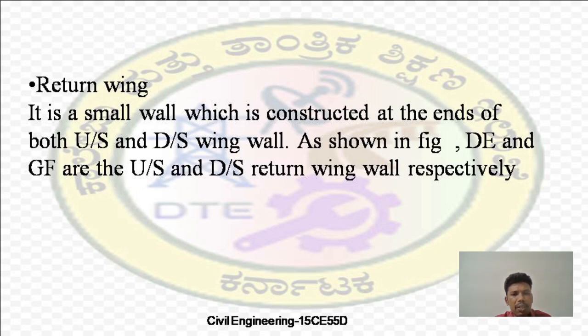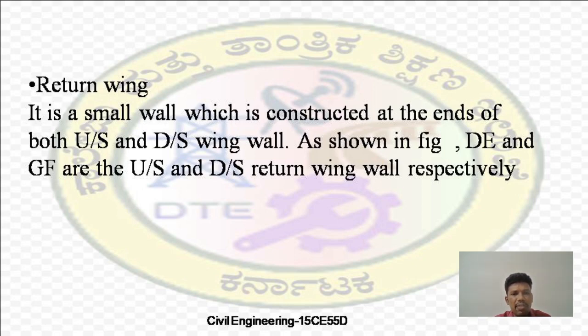At the end of the wing wall, we construct a short perpendicular wall. That is to protect both the stream as well as the structure. It guides the stream of water, plus it will protect the wing wall and other structures also.